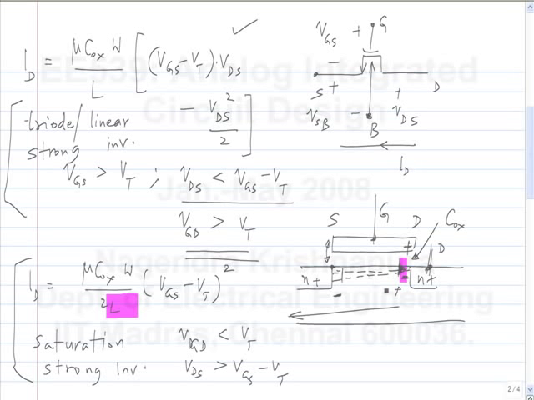So as a fraction of the total length, the movement of the channel reduces. That means that if you start off with a very long channel, the relative change is very small. So that's why lambda is inversely proportional to L. This means that if you don't want this effect, you have to use longer channel lengths.